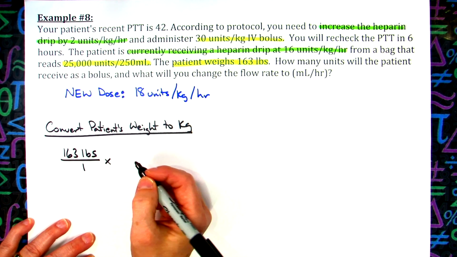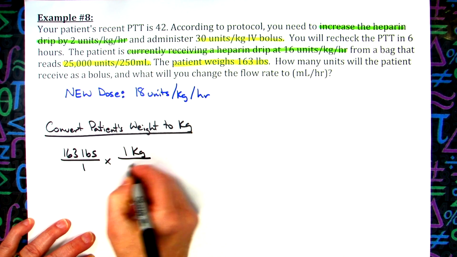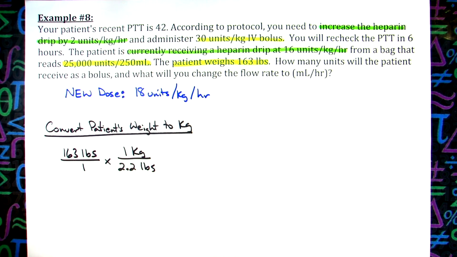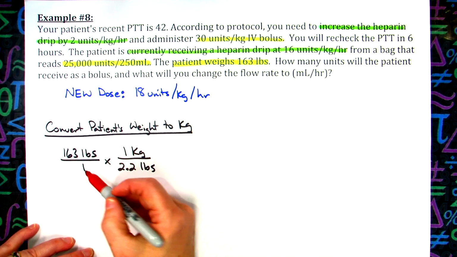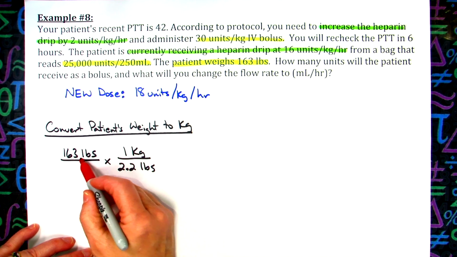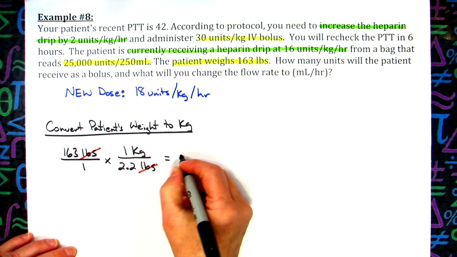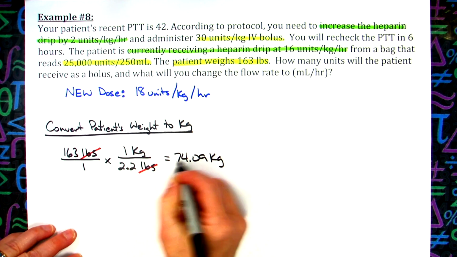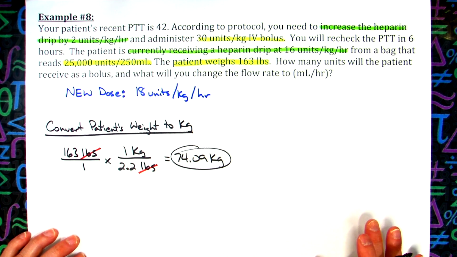Then we're going to multiply by our conversion factor of 1 kilogram is equal to 2.2 pounds. Yes, you have to have this memorized, but at this point you probably just know you take pounds divided by 2.2. So your labels do cross off, the unit analysis works. That's going to be 74.09 kilograms. That's something we are going to have to be using in some later calculations.